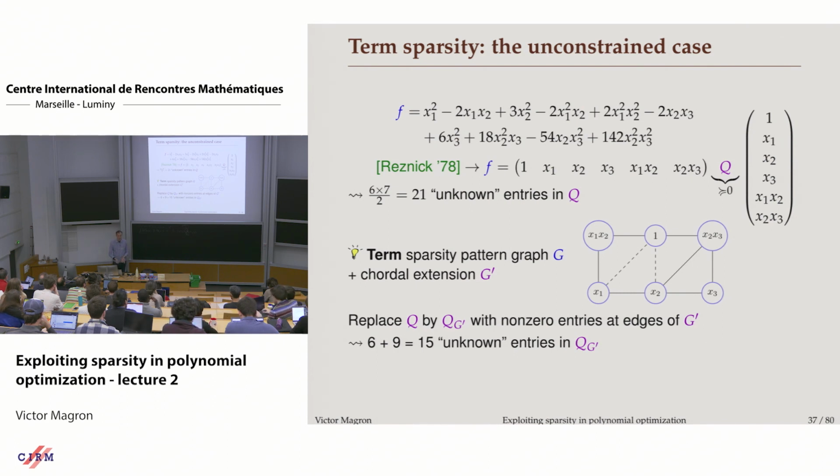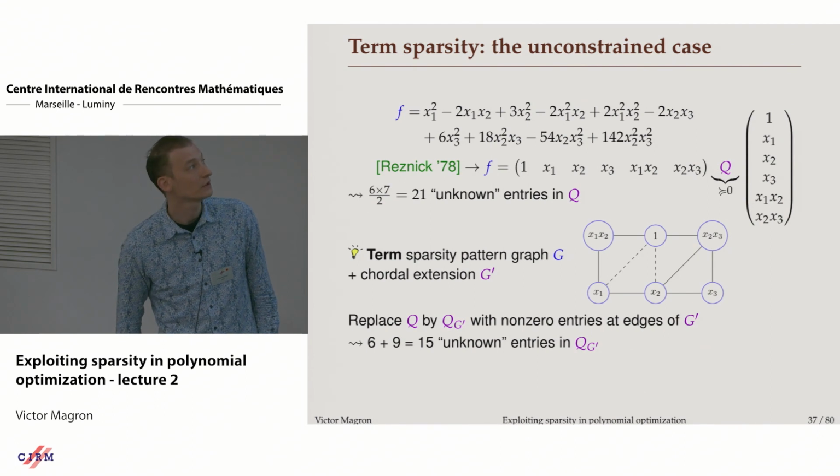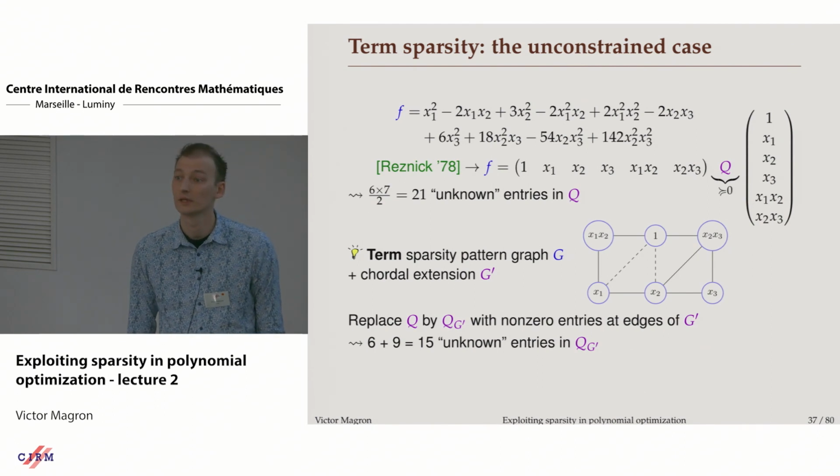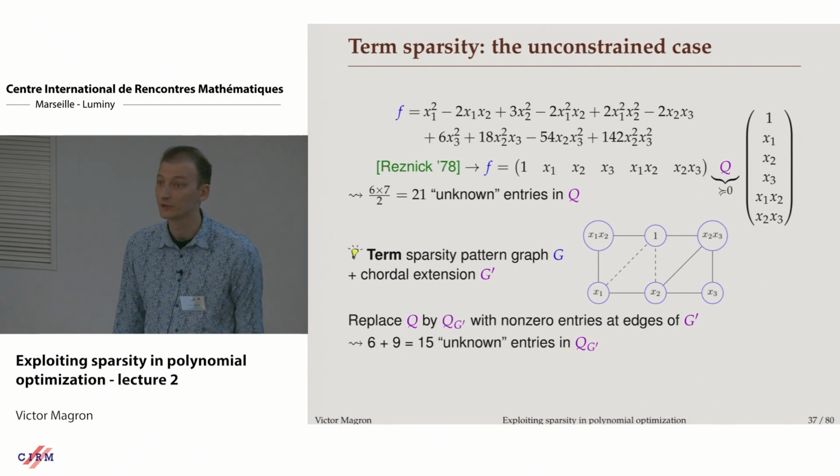So the number of entries is 15 instead of 21. And then if you do the clique decomposition, you can retrieve somehow the same number of entries. So here, for instance, you can take the clique 1, x1, x2, and then x1, x2, x1 x2, and then x2, x3, x2 x3, for instance.